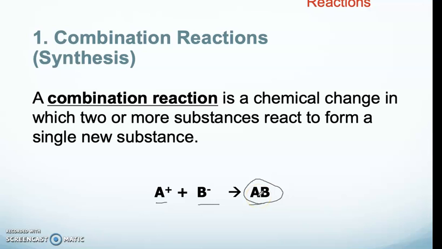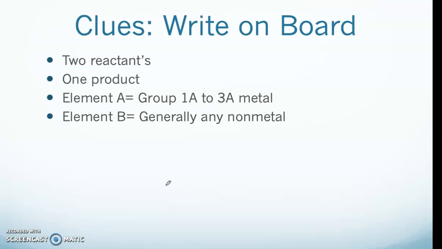The electrons transfer from the metal to the non-metal. If you notice, the negative sign means non-metal, positive sign means metal. That's important to know. Now, some clues that I usually write on the board, but for today, we're just going to look at this.